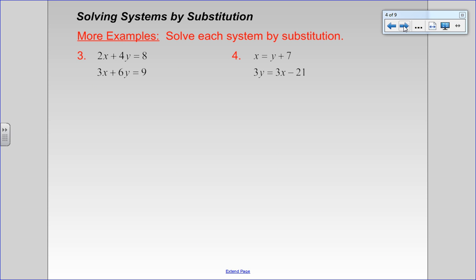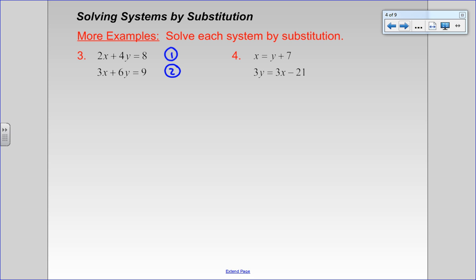Let's look at two final examples to see what happens when we apply the substitution method to a system that has either no solutions or an infinite number of solutions. In problem 3, equation 1 is 2x plus 4y equals 8, and equation 2 is 3x plus 6y equals 9. Notice that we have neither variable isolated, so that's the first step.